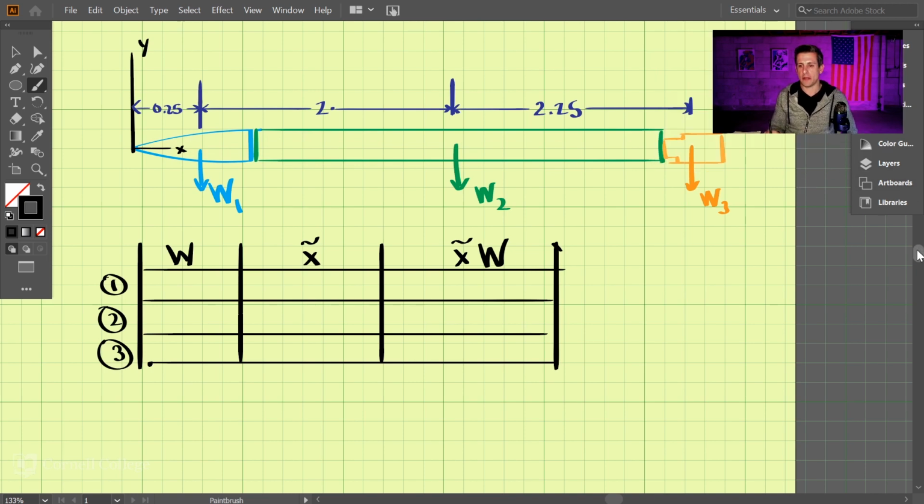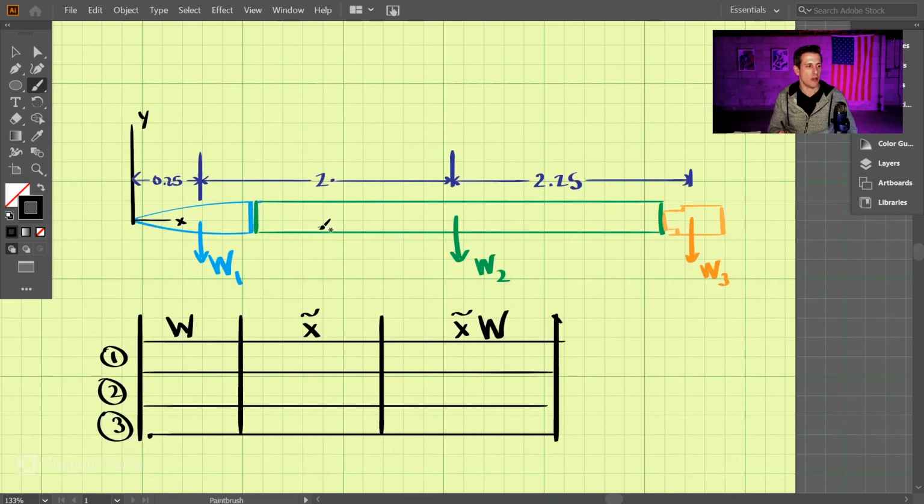So I have this pencil, and I've broken it down into 3 components, kind of the cap, the main body, and the eraser part of the pencil. And each one of these single parts has its own center of gravity, all right? And I've labeled those, the weight of this single component, W1, and it acts upon this location here.